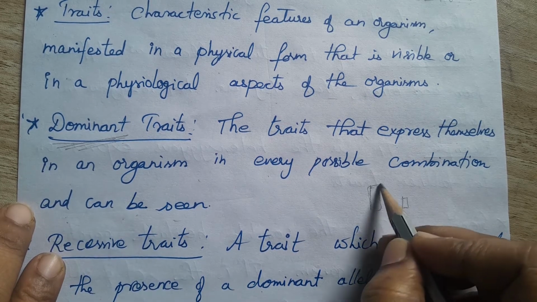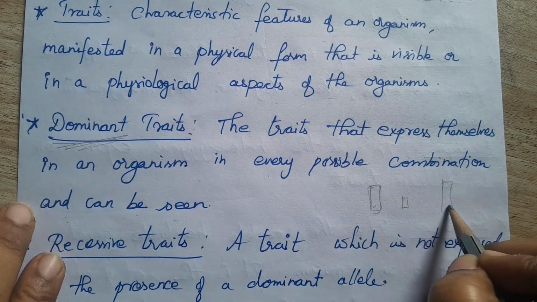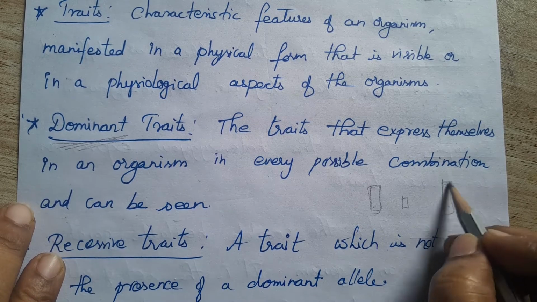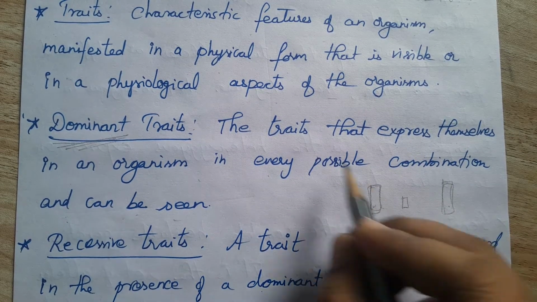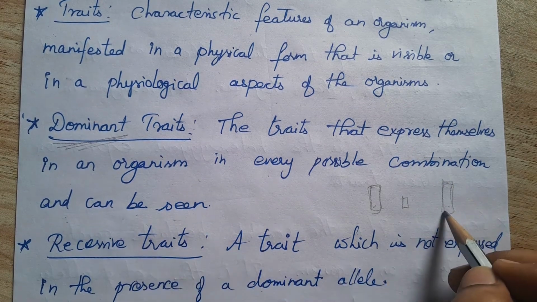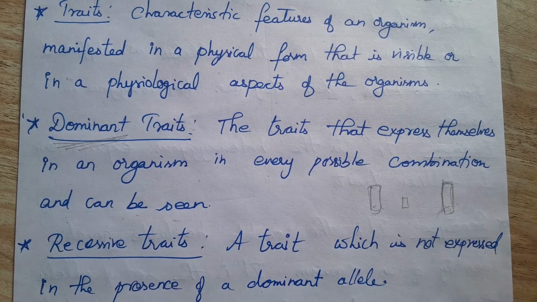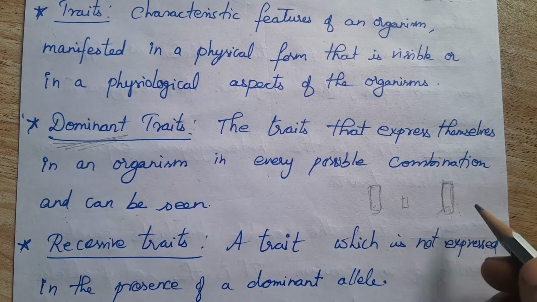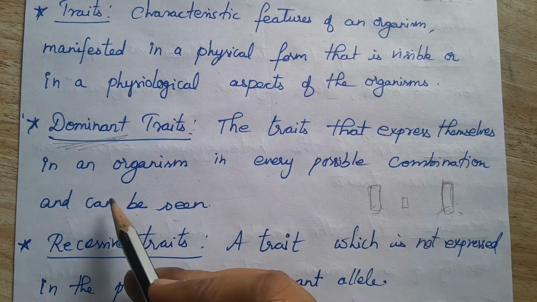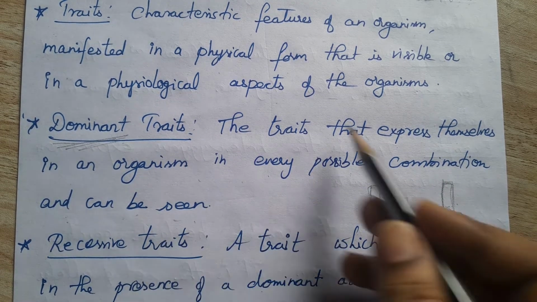If you are tall, then your dad's trait is dominating. You are very tall, which means it is expressing, and we are able to see the visible character. The traits that express themselves in an organism in every possible combination and can be seen are called dominant traits.